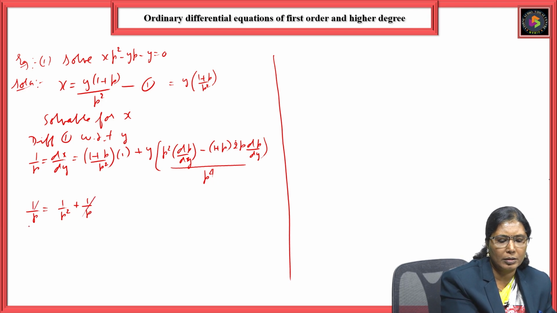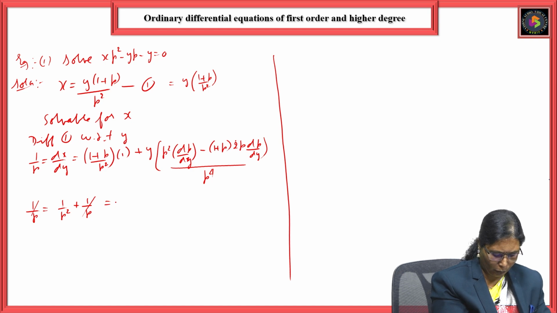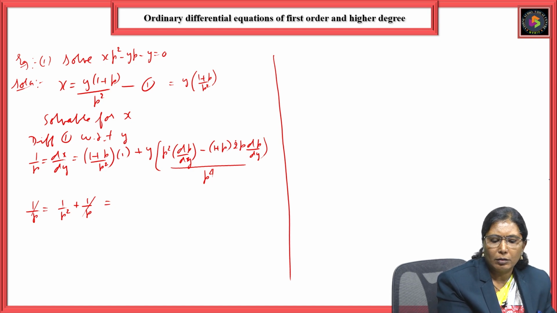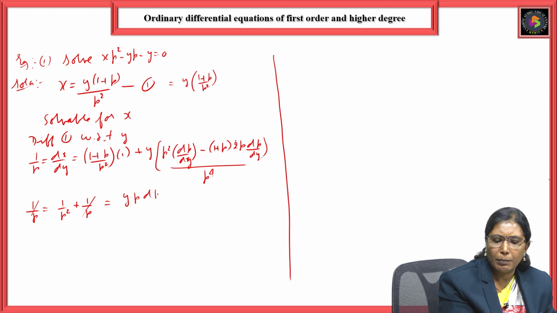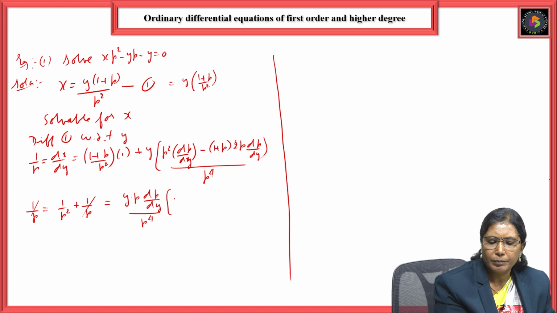So 1 by p and 1 by p cancel, and 1 by p square terms cancel. What is common here? y, p and dp by dy, divided by p to the power of 4. Taking p dp by dy common, p minus p gives minus 2 minus 2p.